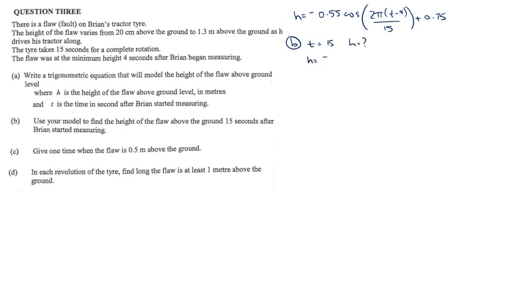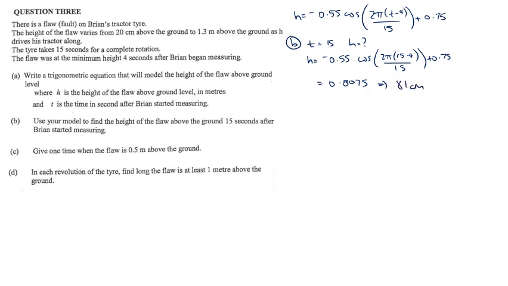Well, h is negative 0.55 cos of 2 pi (15 minus 4) divided by 15, plus 0.75. Put that into your calculator and you should get 0.8075, which is 81 centimeters.